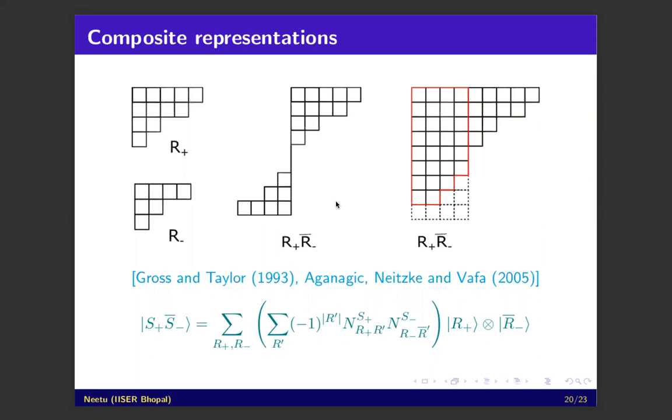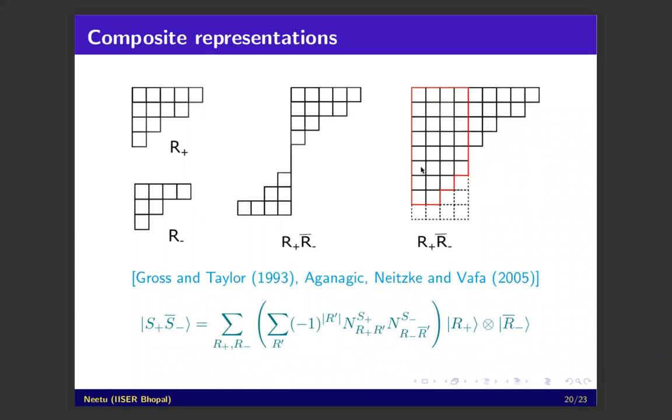An equivalent way of drawing this Young diagram is this one, where we place the conjugate representation of R minus in the standard way, and then place R plus in the standard way next to that one. This red boundary is the boundary of a Young diagram which corresponds to the conjugate representation of R minus.